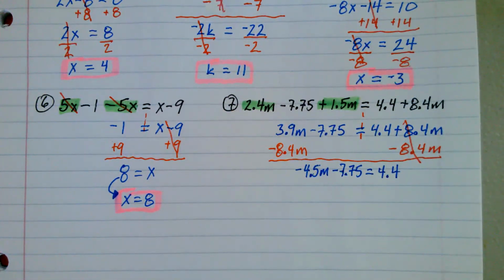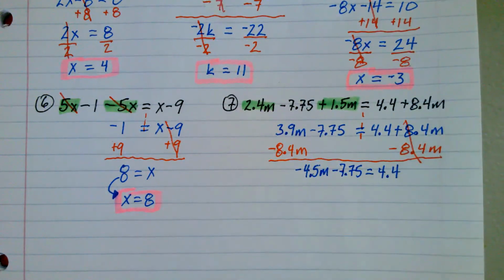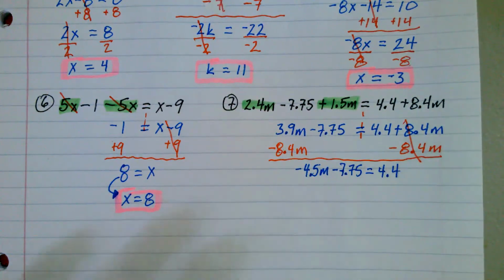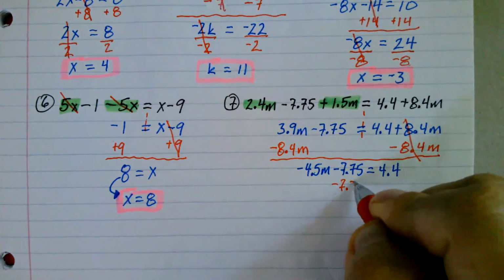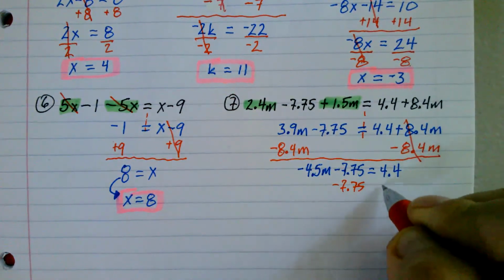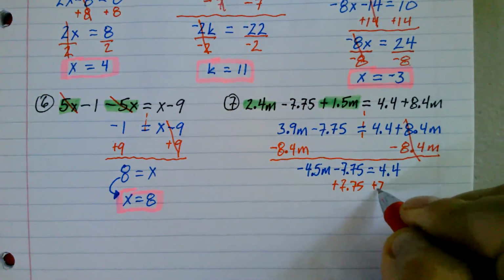Okay, so now it's just a two-step equation. All right, so I'm going to get rid of this minus 7.75. Shouldn't it be plus 7.75? Yes, it should. Thank you.